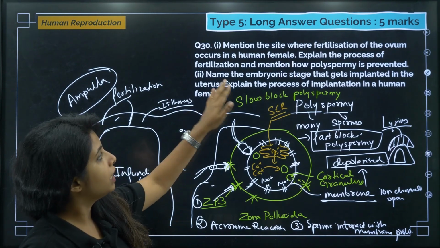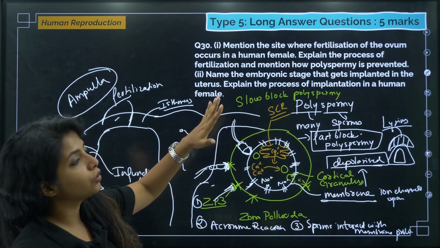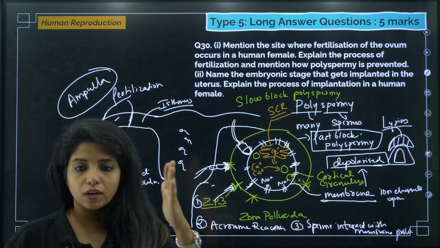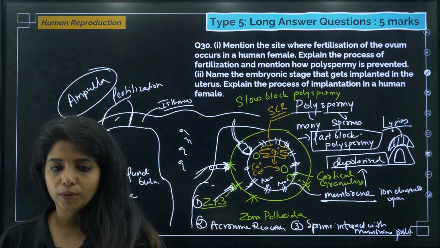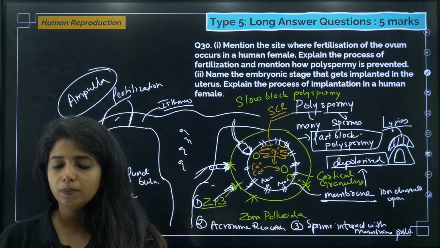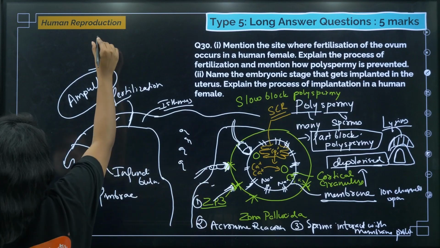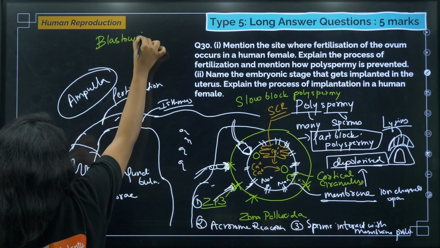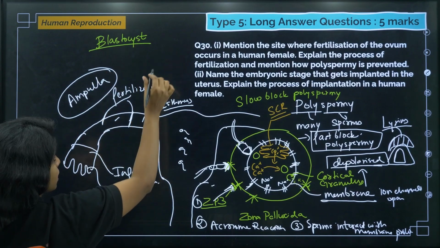Now name the embryonic stage that gets implanted in the uterus. Embryo has different stages, I told you. So 2 cell, 4 cell, 8 cell, and then it goes on. So it is at which stage that the implantation takes place, children? It is known as the blastocyst stage. In the blastocyst stage, what happens?